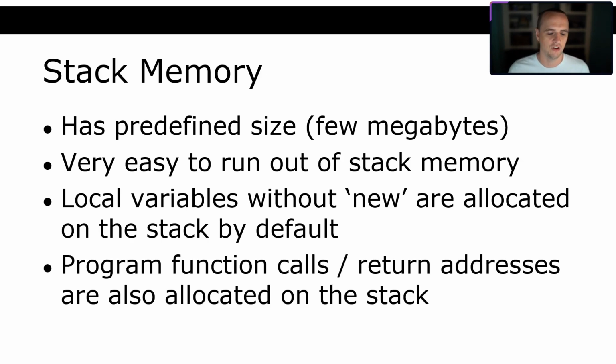Program function calls and return addresses are also allocated on the stack. If you've ever programmed in assembly at all, you'd be very familiar with this and how the stack works. I recommend watching some tutorials on the very basics of assembly, because you'll get very familiar with how the stack functions.